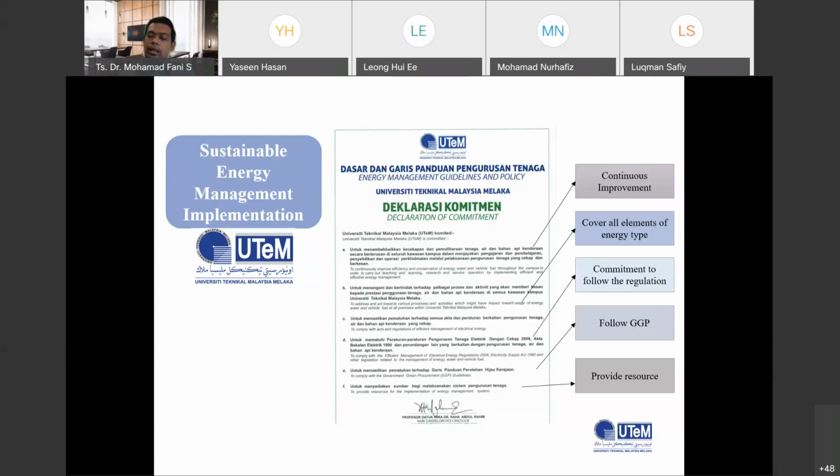I think that's a good point for UTM as a succession plan. So human resource must be ready with a proper plan and a proper budget to support the objective of this sustainability program.